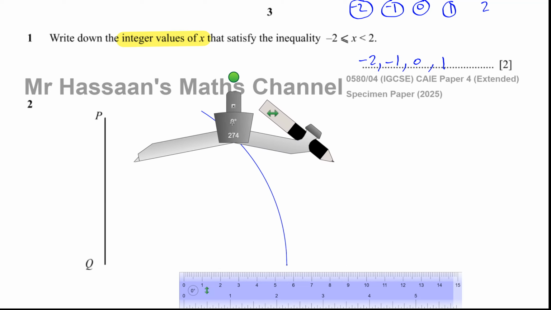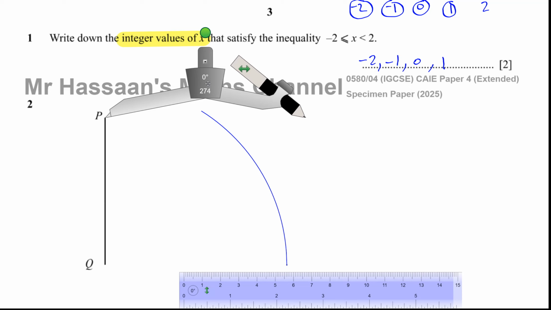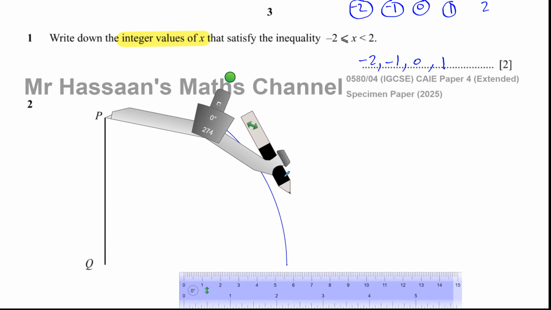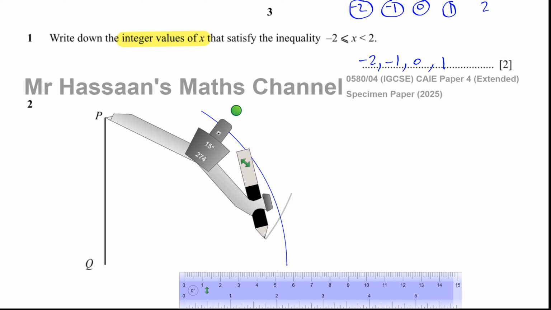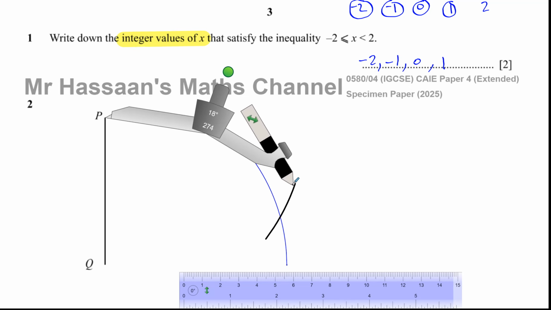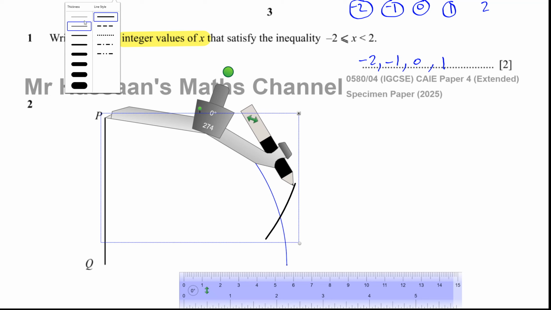Okay, and I put the compass point on P. Now, when I draw the arc, let me do this with a thinner pencil. You should make the arc as thin as you can.